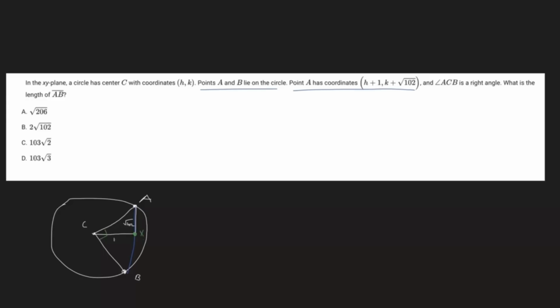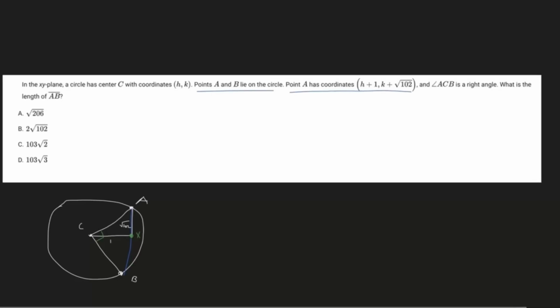And those are the legs, right? And we know this is a right triangle. So we need to use the Pythagorean theorem in order to find that hypotenuse length. So that Pythagorean theorem is just a squared plus b squared equals c squared, right? So we have square root 102 squared plus 1 squared, which is just 1, equals c squared.